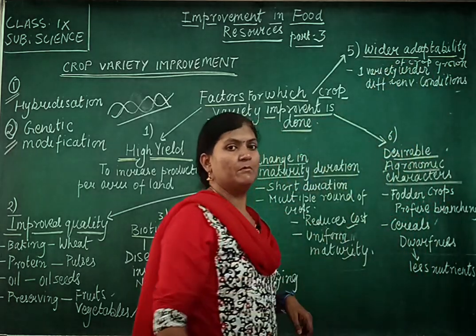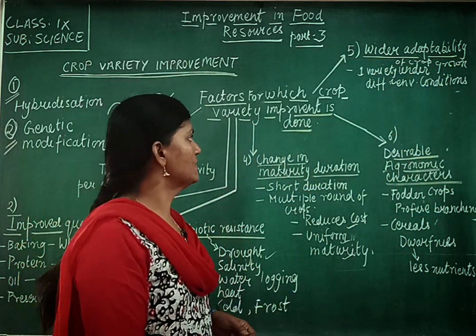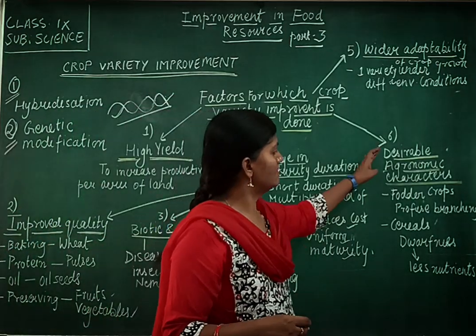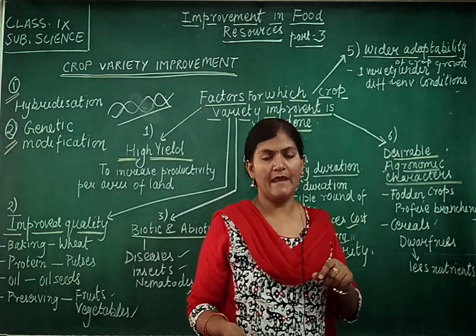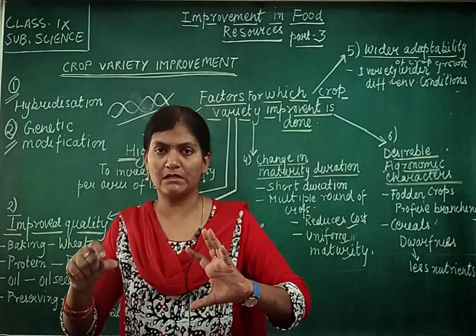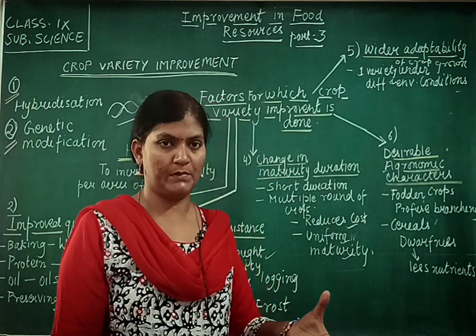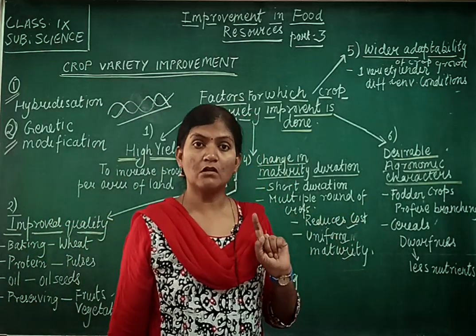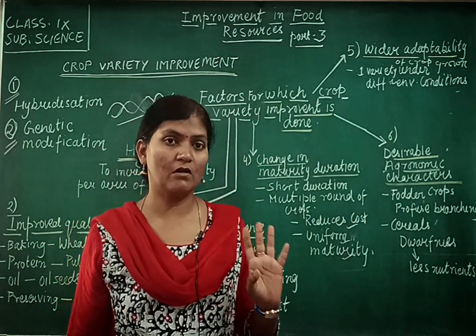The next one, the sixth and the last factor, is the desirable agronomic character. Agronomic character means the characters which are present in the crop. For example, if it is a fodder crop, just recall what is a fodder crop?